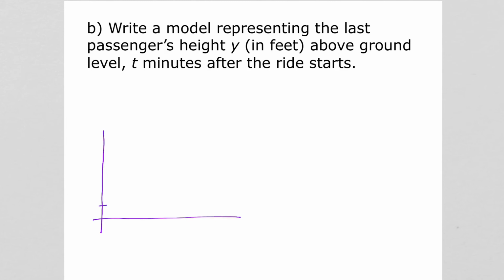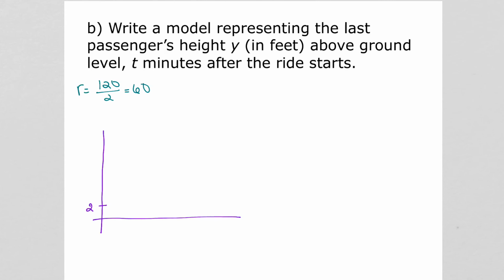So it's going to mark here at 2 feet. And then it says that it's got a diameter of 120, and half of 120 is 60. So that would be our radius, half the diameter.